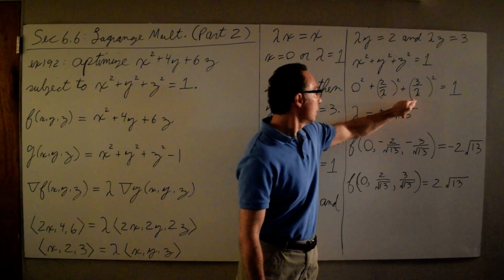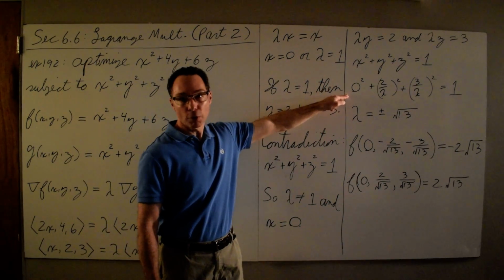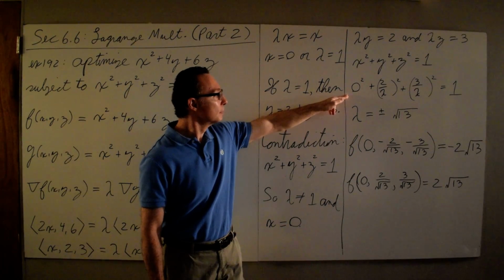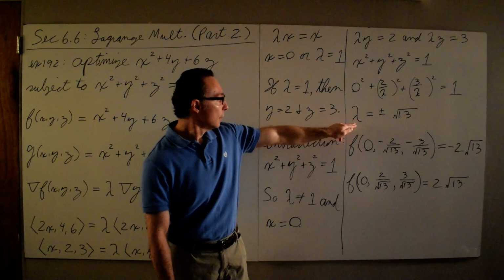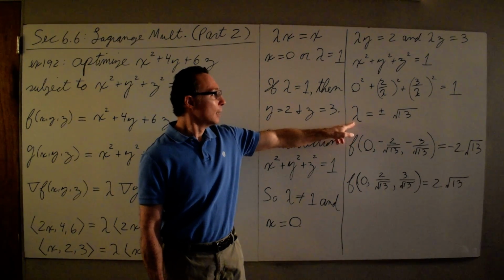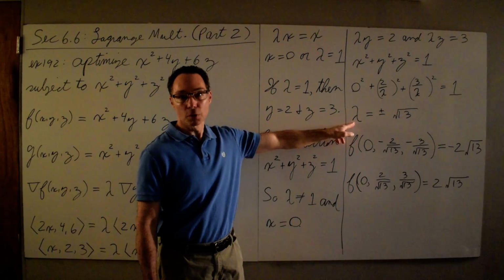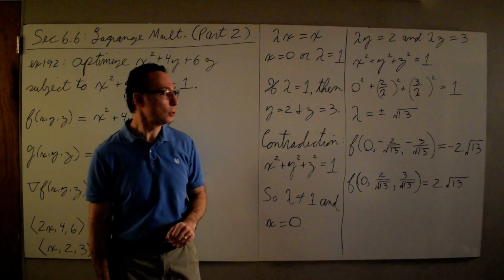This is y squared plus z squared is equal to 1. This is just an equation with a lambda in it. Multiply through by lambda squared, and we have a quadratic. Lambda is either the square root of 13 or negative the square root of 13. So our quadratic equation had two solutions.